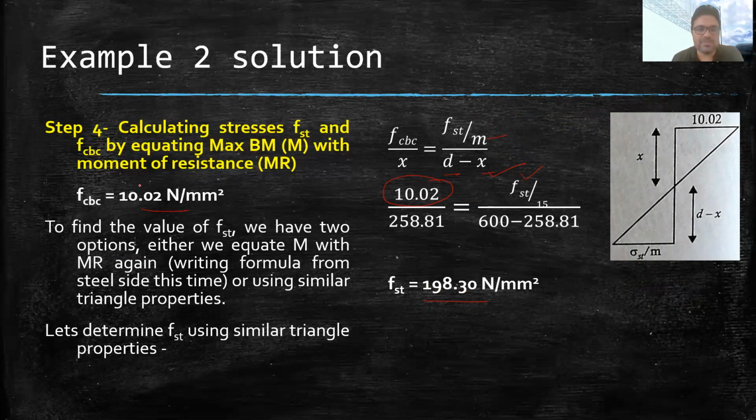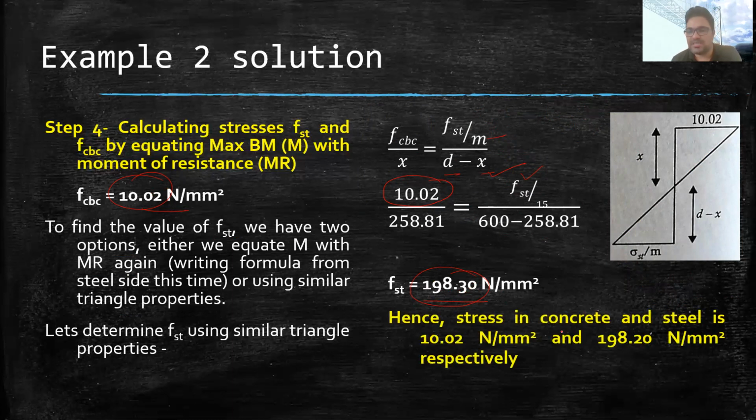Actual stress experienced by the concrete is this one, and by the steel is this one. This is what we are required to find out in this question. So we can say the stresses in concrete and steel are 10.02 and 198.20 Newton per mm square respectively. So that is the solution. This is example 3 solution.